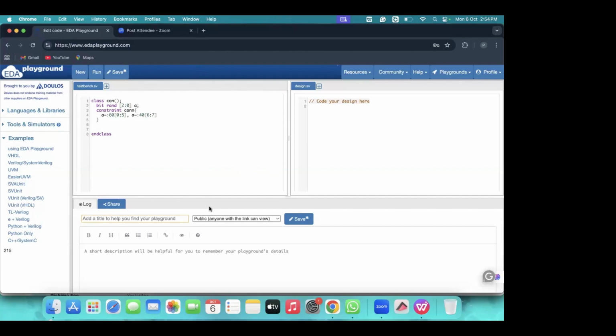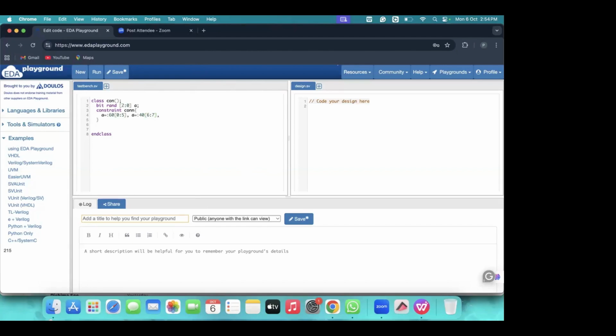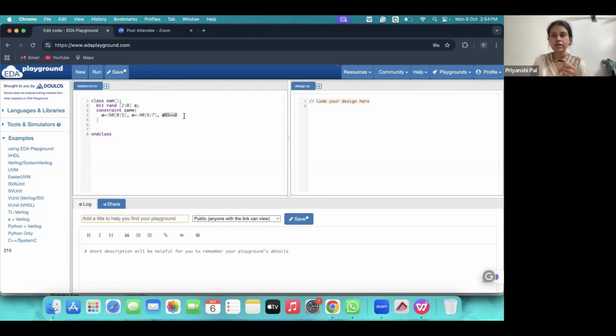So can you write a constraint which is divisible by 5? Yes, ma'am. A modulo 5 should be equal to 0.